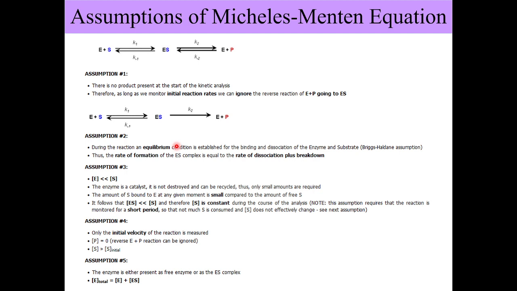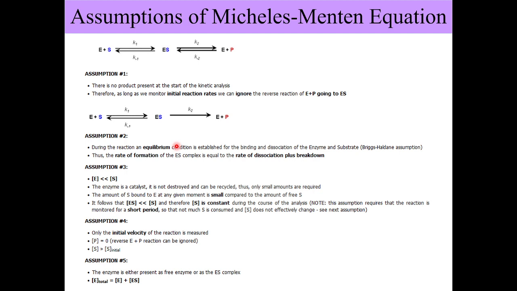Okay. So assumption 3 is that the amount of enzyme present is much less compared to the amount of substrate. The enzyme is a catalyst, and therefore it is recycled again and again. Therefore, only a very small amount is required.